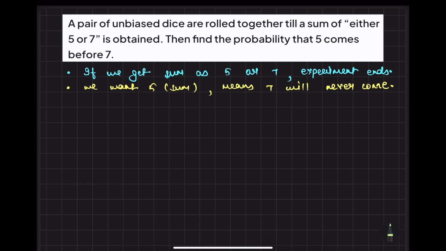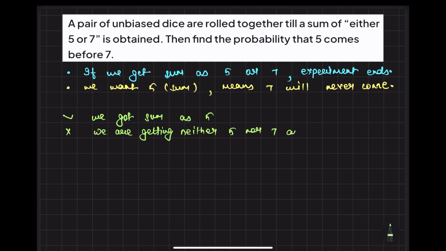If I am writing yes, this means we got a sum as 5, and if I am writing no, it means we are getting neither 5 nor 7 as the sum.